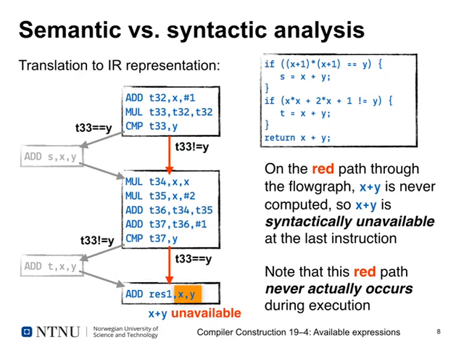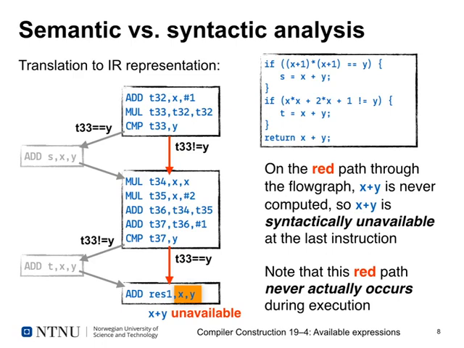Now, if we don't consider semantics, but just syntactic analysis, there might be a path where actually both conditions aren't fulfilled. Of course, in our real program, this can't happen, but our compiler needs to be intelligent enough to figure this out. So on our red path, directly through the flow graph, it could, in theory, if we only look at the syntax, happen that neither this nor that expression is actually computed.